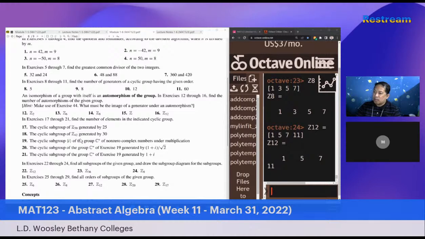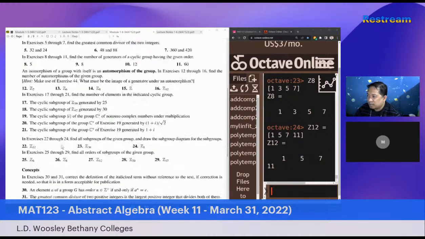Please note, 17 to 29. Halos pare-pareho lang naman yan. 17 to 29, that part of your take home of 1-6. Kasi more concept na yung mga tanong dito.